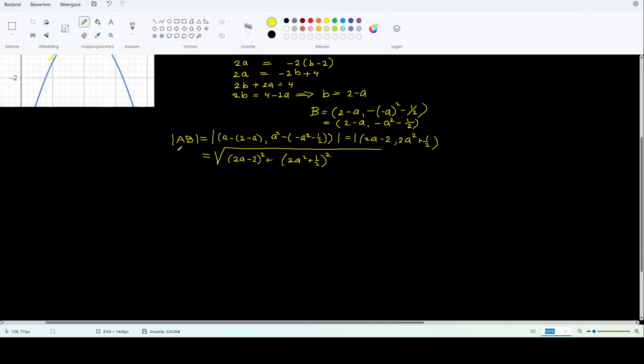Well, we can minimize this square root of this function, but it's actually okay to also just minimize the square of it. So that's slightly easier. It's not wrong if you start minimizing the square root of this function, but the calculations will be more complicated.